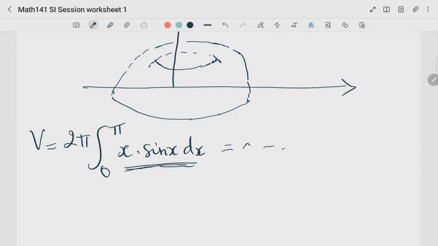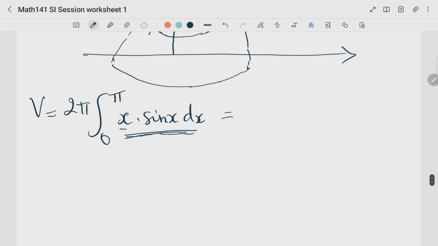If you remember what you did in your classes on integration by parts, you know that you have to decide which of the two, x or sine x, will be your u and your dv, right? Typically in these cases you try to stay consistent, because in some cases you might have to do integration by parts multiple times.